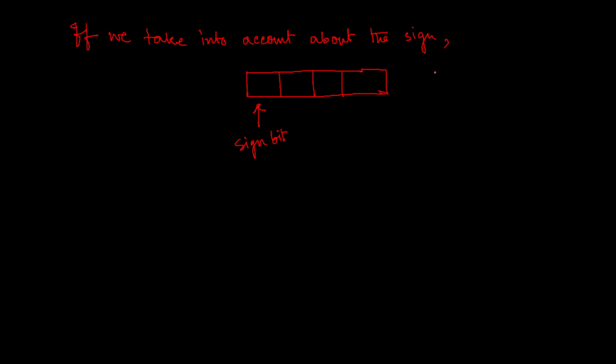Now, what does this sign bit mean? This means that whether it is a positive or negative number will be expressed by this one bit only, and the other bits are for the data part.